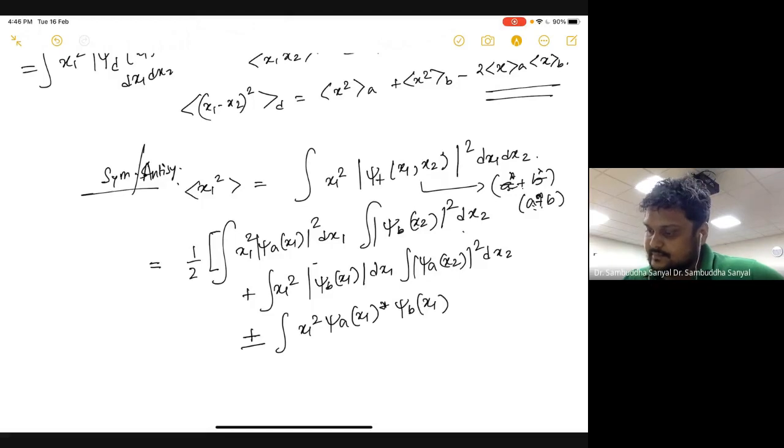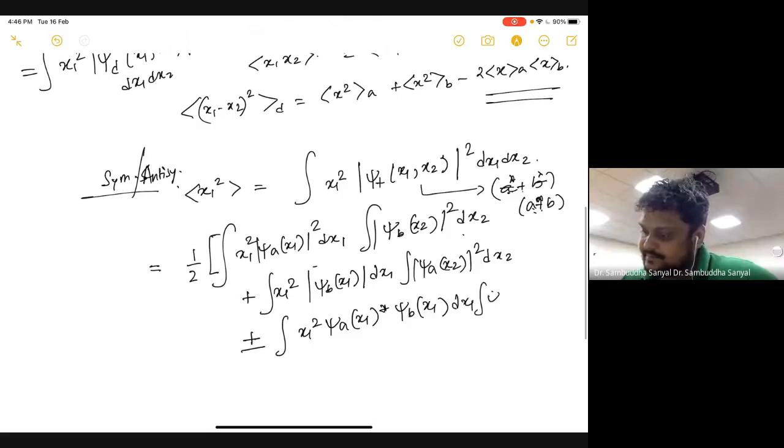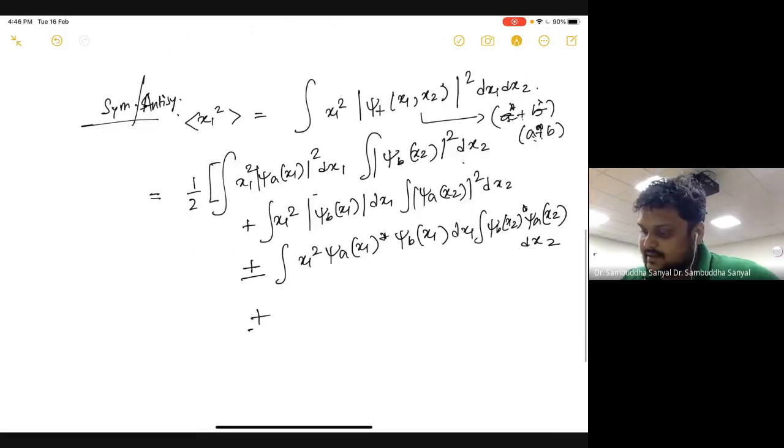So they are a star a type of term. That's why I write it as square. Square means a star a, or a star b, which means this type of term. This is a star b, and then there is a b star a also.